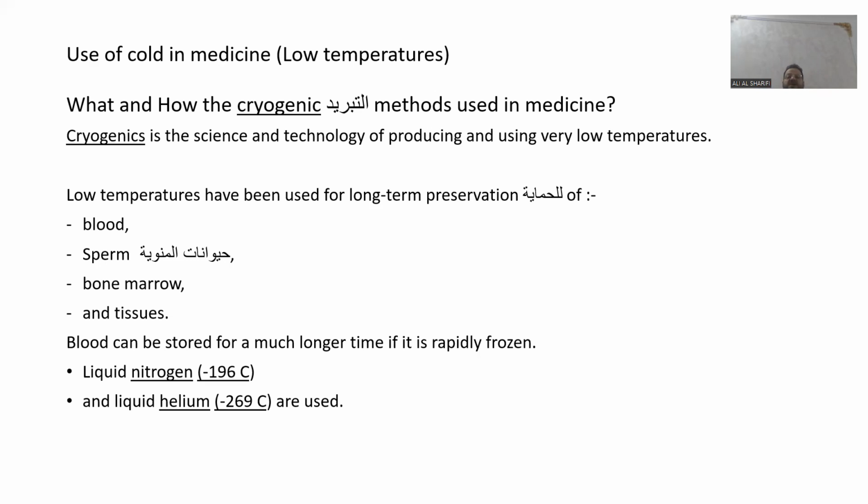At first, let me say some advantages of this method, or generally of decreasing temperature. By decreasing temperature, we can preserve some organic things: blood, sperm, bone marrow, and tissues. If you have to do a surgical process, that means you need some blood. From where can you take this blood?